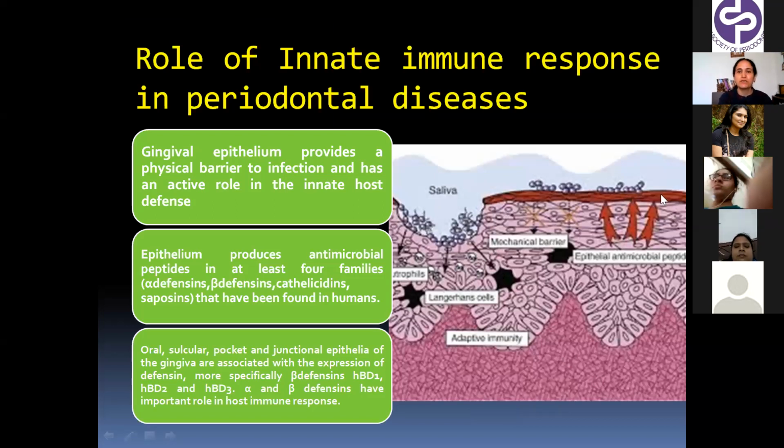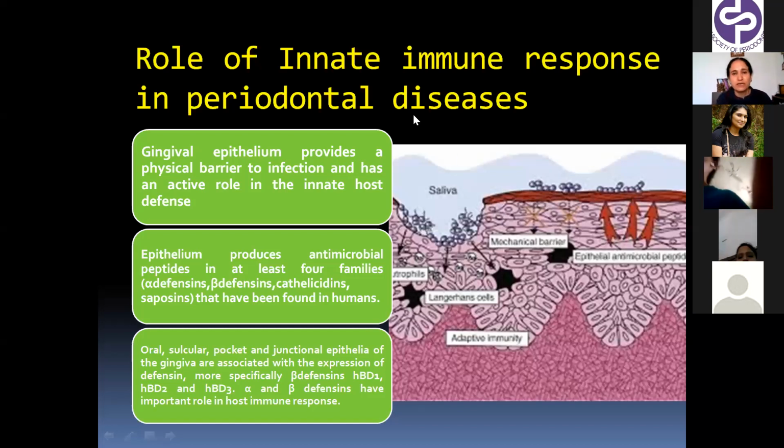In the epithelium, we have dendritic cells. Even the saliva, you know that there are antibacterial factors in the saliva, they will try to contain the microorganisms. And the epithelium, I was telling you, was not considered to be a part of the immune system, but now we know that it does elaborate some antimicrobial peptides, and they will try to contain the organism. But the organisms will further grow.